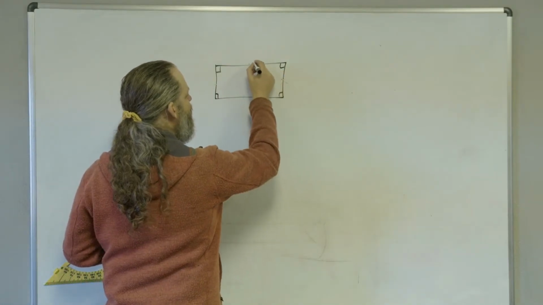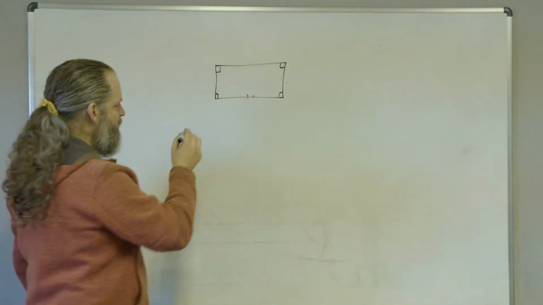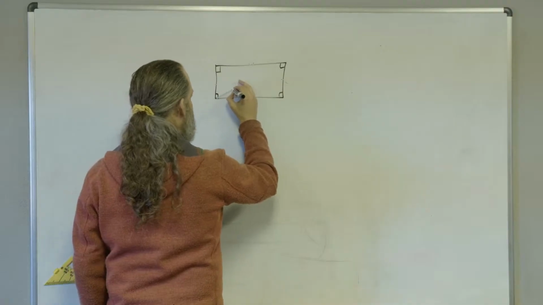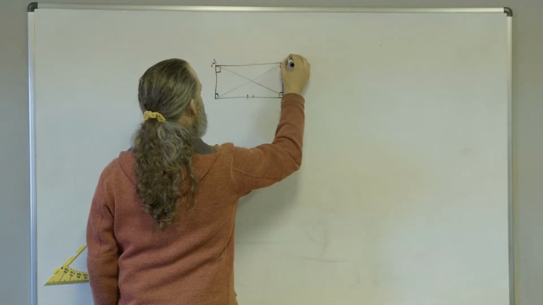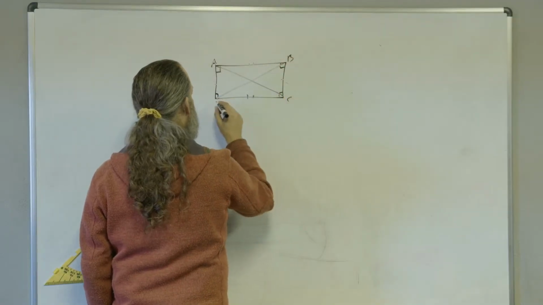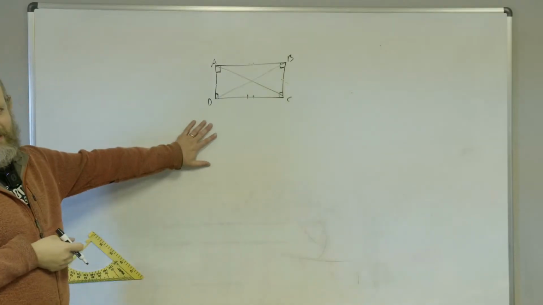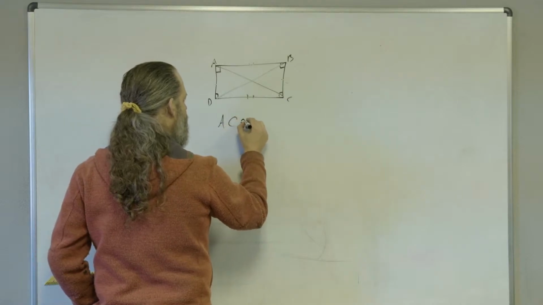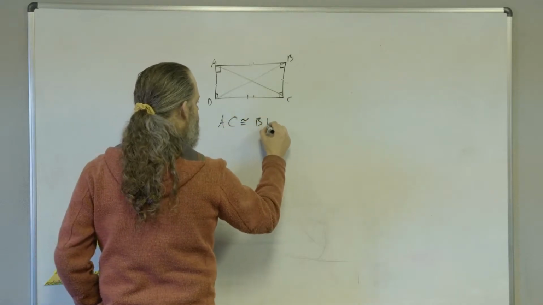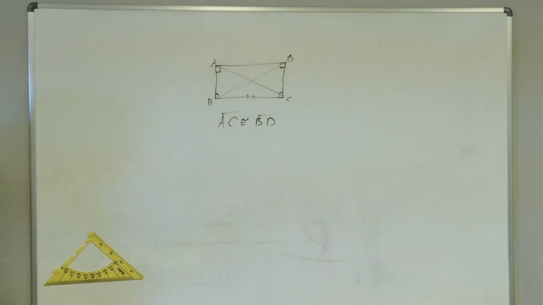Go even further with our definition. If a quadrilateral is a rectangle, then it has congruent diagonals. So in this example, AC is congruent to BD, right? If a quadrilateral is a rectangle, then its diagonals are congruent.